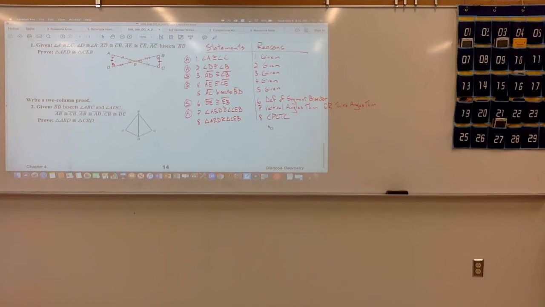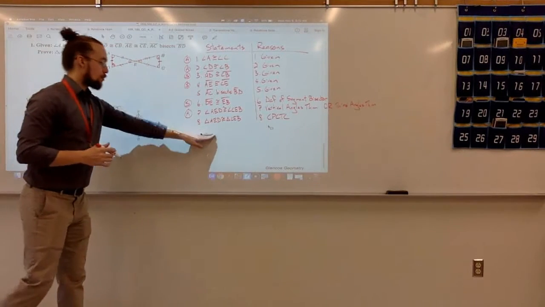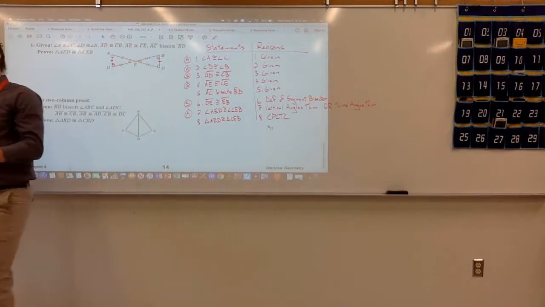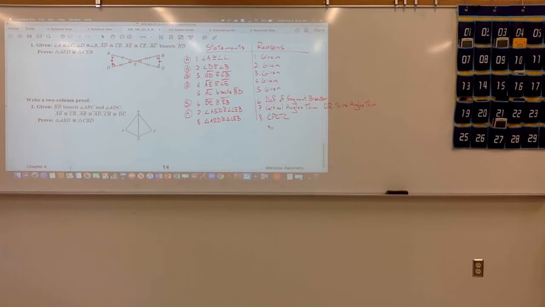Then we have all six pairs of corresponding parts congruent. Then I could claim the triangles are congruent because corresponding parts of congruent triangles are congruent. How do I remember? Corresponding parts of congruent triangles are congruent.